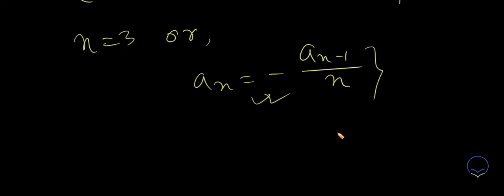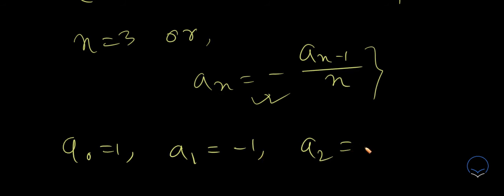Let me show you what. a0 is 1, that's something we assumed to make our life simpler. And a1 will just be minus a0, that means minus 1, right? a2 will be just 1 by 2 of a0, that means 1 by 2.